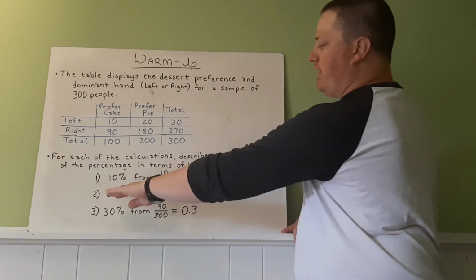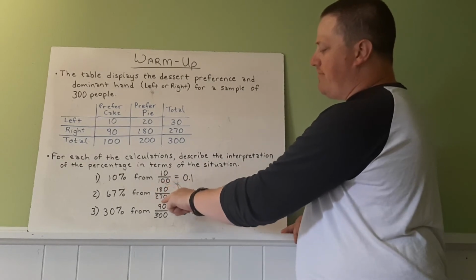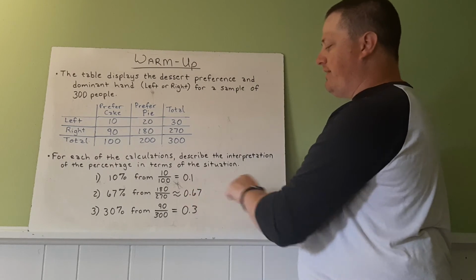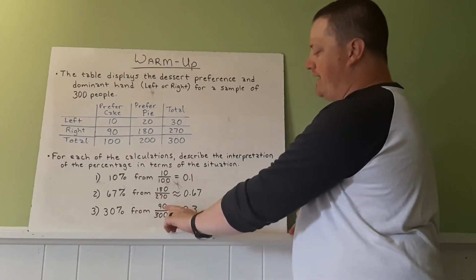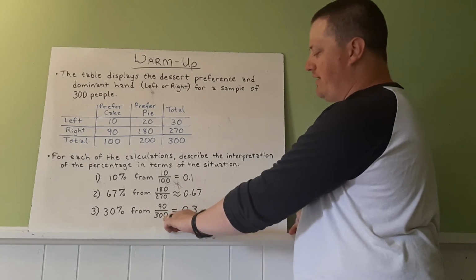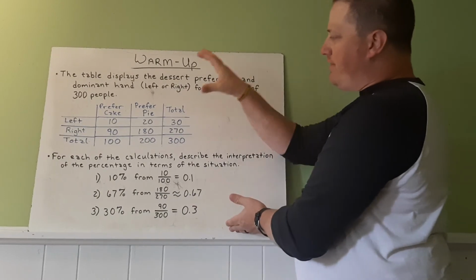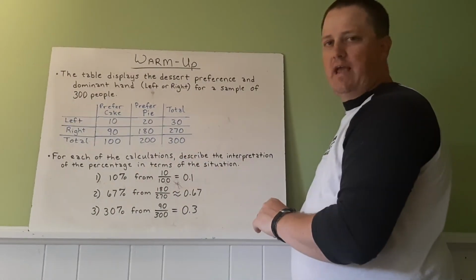Then for 2, we want to know 67%, which came from 180 divided by 270, which is about 0.67. Then we have 30% from 90 divided by 300 equals 0.3. So use the table and this math to identify where these numbers came from.